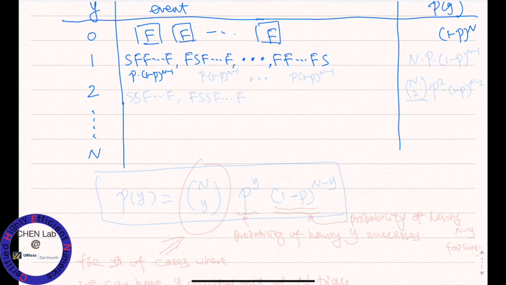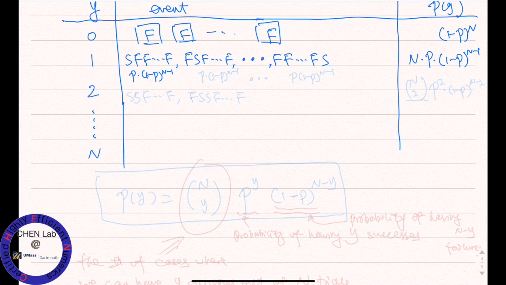That's only for one of them. How many do we have? N. So the probability is N times P times (1 minus P) to the n minus 1.